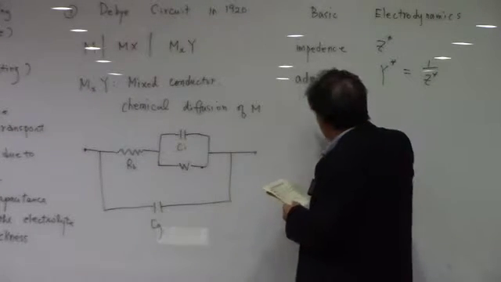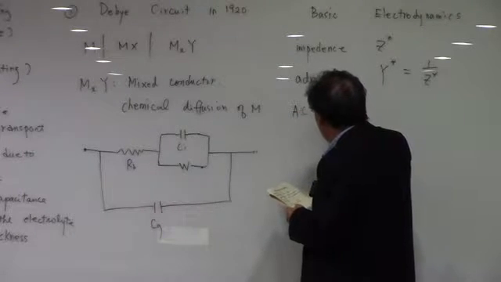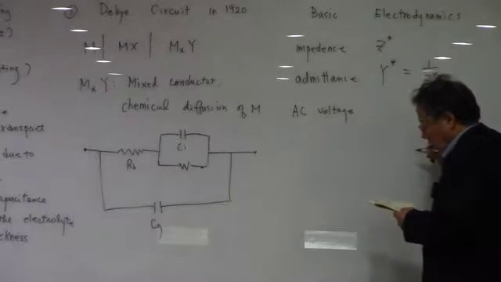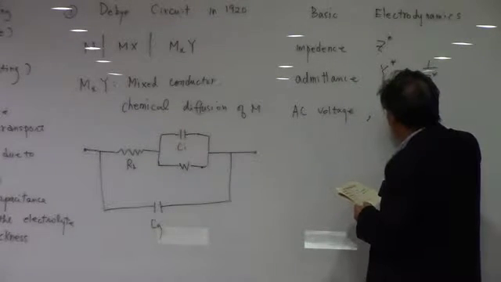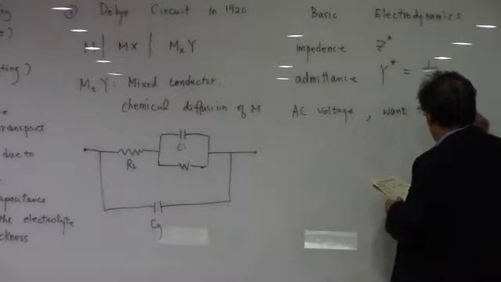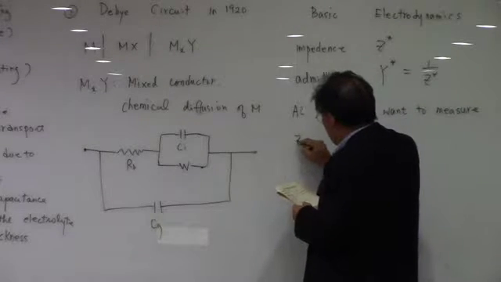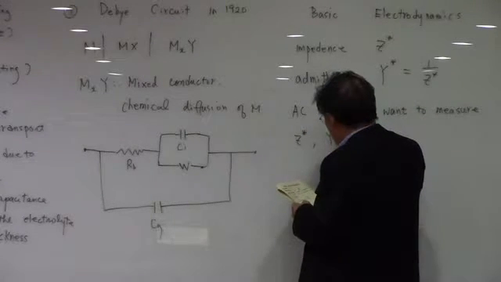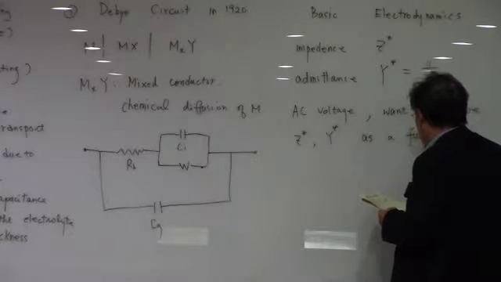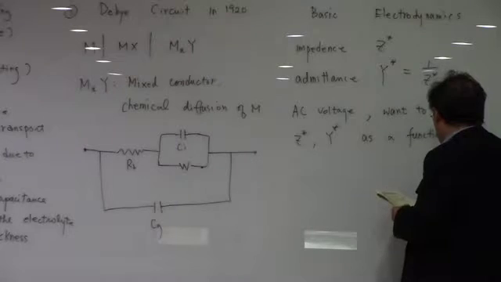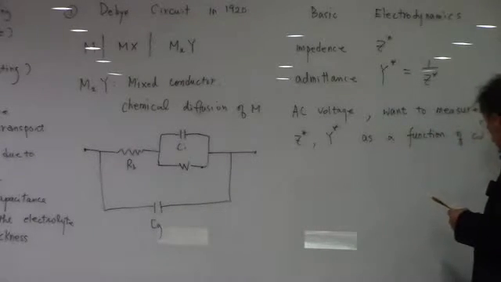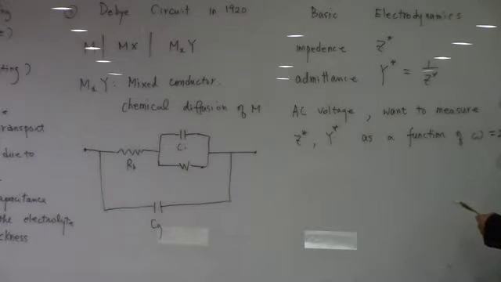We apply an AC voltage with a certain frequency and want to measure Z star and or Y star as a function of frequency, which is 2 pi f angular frequency.